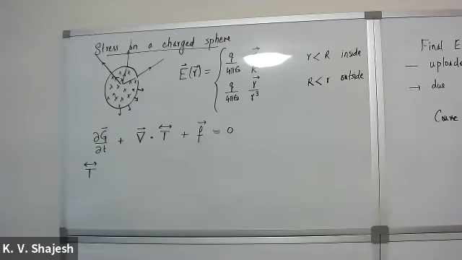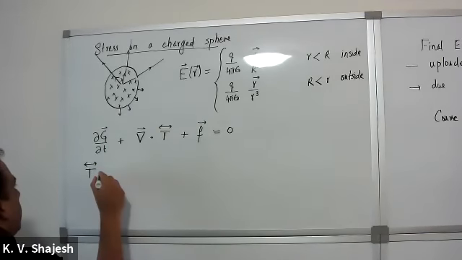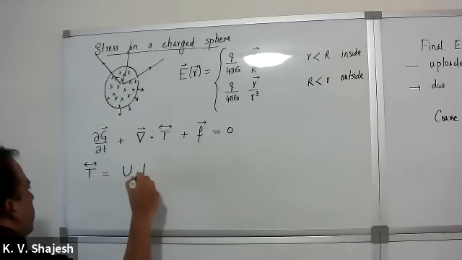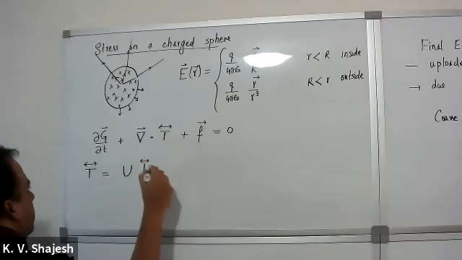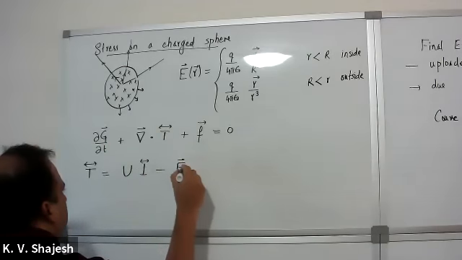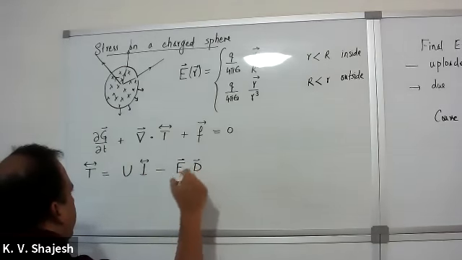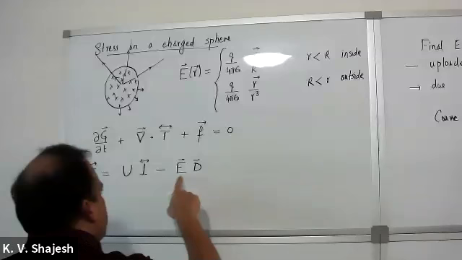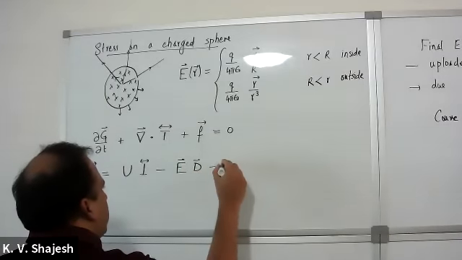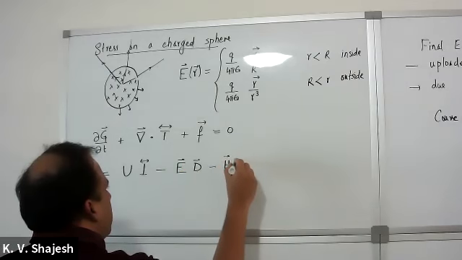It is given in terms of the energy density U times the unit dyadic minus a dyadic relation. This is not a dot product. This is an outer product if you want. So it's H times B.